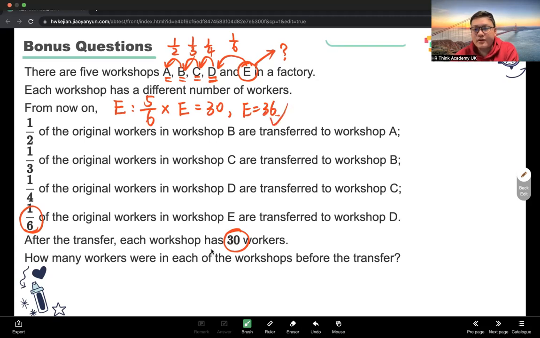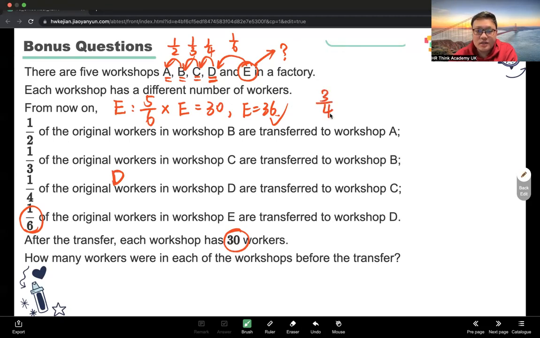Okay, you got 1 point for this question. And then you have to move on to D. We have the letter D for the original workers, okay? And that means 1/4 will be transferred to C, and you have 3/4 remaining.